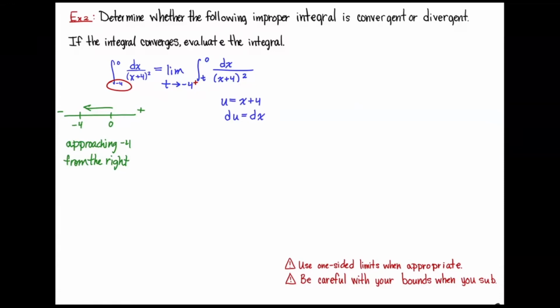So when x is equal to 0, subbing that in, we have u is equal to 0 plus 4, which is 4 for our upper bound. And for our lower bound, when we have x equal to t, subbing that in place of x, we have t plus 4.